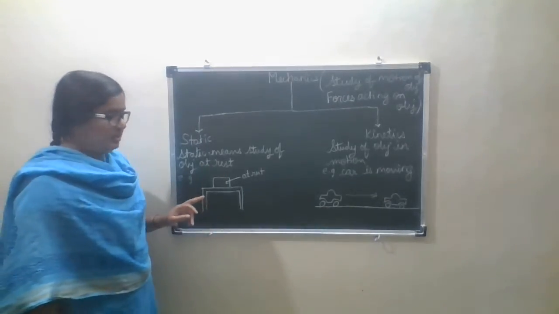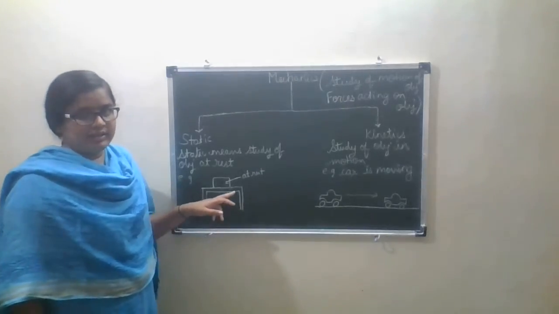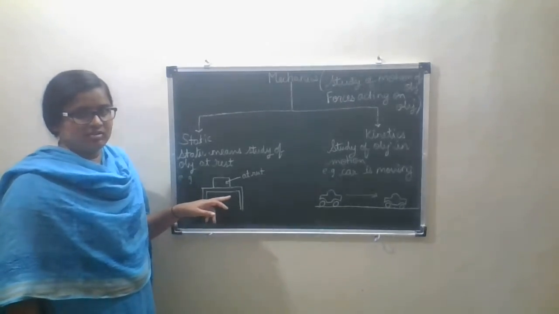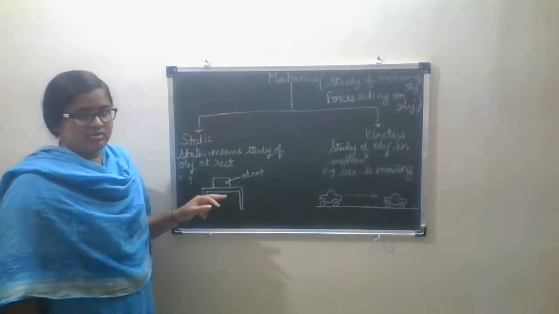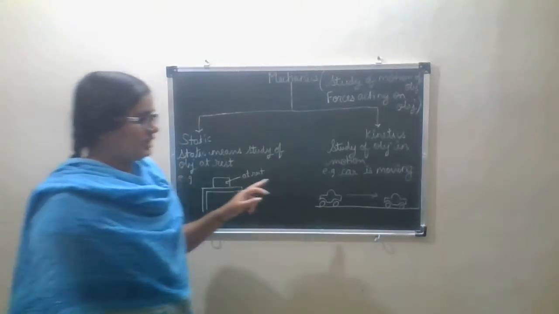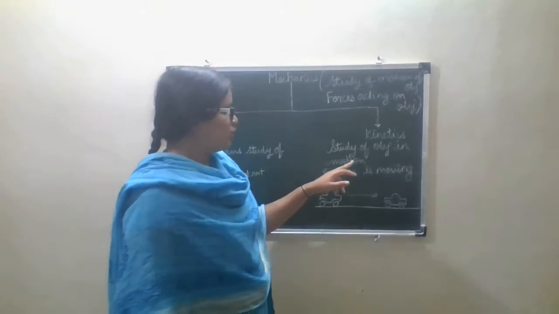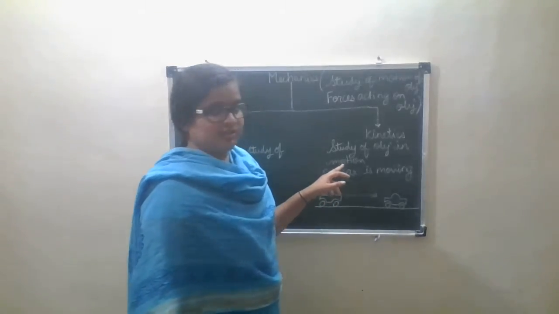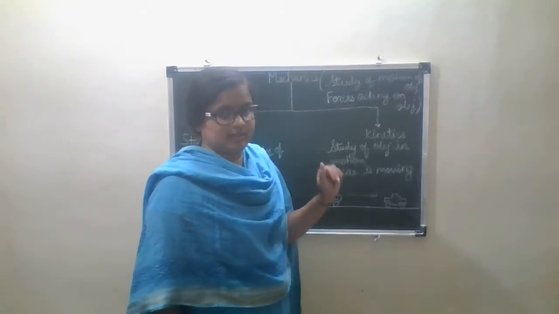For example, this is a table where there is a block which is at rest. The study of this object at rest is done in statics, and in kinetics the study of motion of an object which is moving is done.